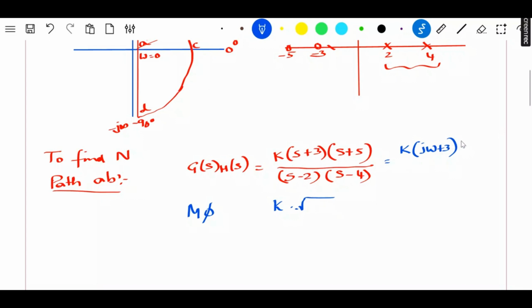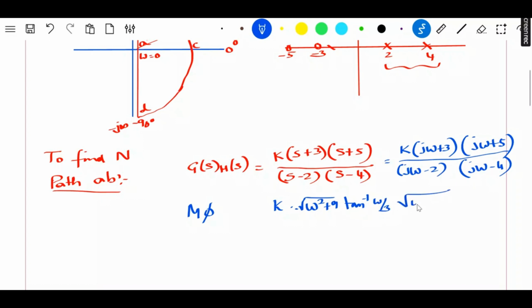So K into (j omega plus 3) into (j omega plus 5), divided by (j omega minus 2) into (j omega minus 4). The magnitude of j omega plus 3 is square root of omega square plus 9, with angle tan inverse of omega by 3. Similarly, the magnitude of S plus 5 is square root of omega square plus 25, with angle tan inverse of omega by 5.